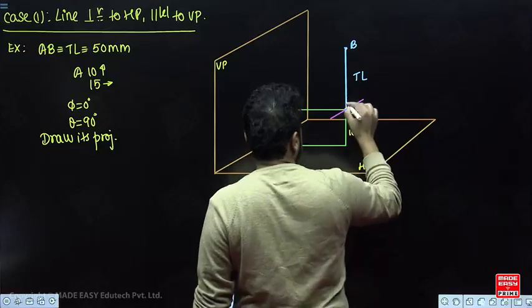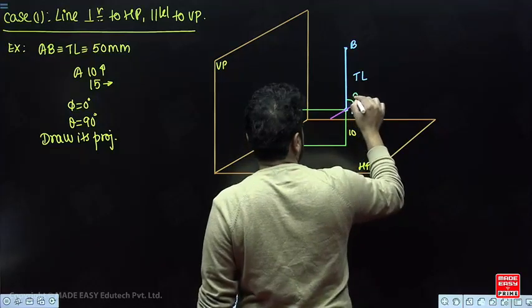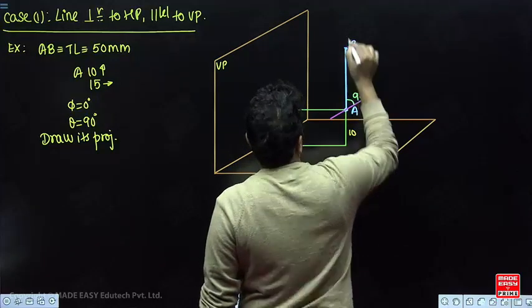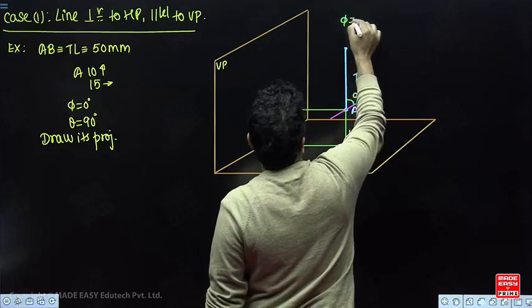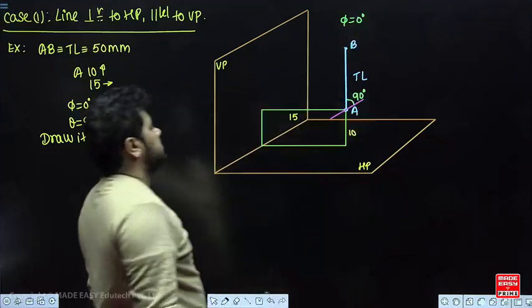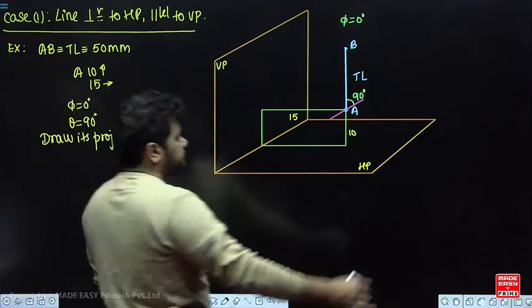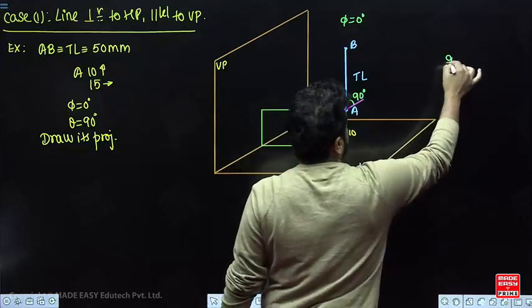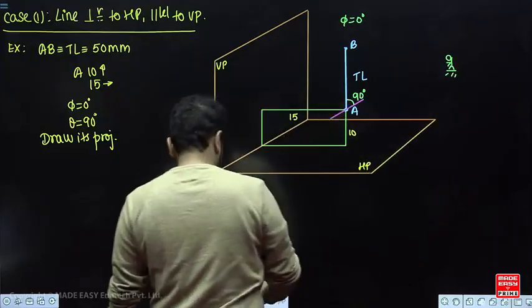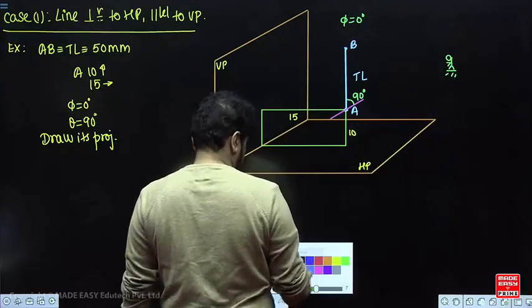Now you can see that this line is perpendicular to HP, parallel to VP, isn't it? Parallel to VP means phi equal to 0 degree, right? So when there is an observer, when the observer will see, what is the projection he will see?